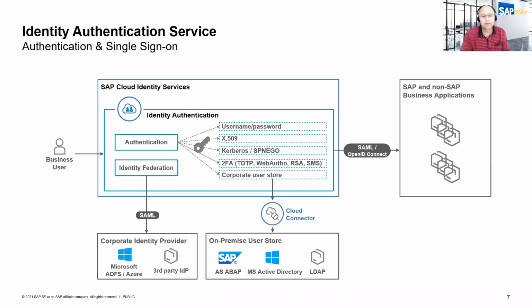That is in principle the whole area of capabilities that we are offering, how we want to support the integration capabilities. When we look at the integration towards the applications, we see that we are supporting two open standards here, the Security Assertion Markup Language, or OpenID Connect.